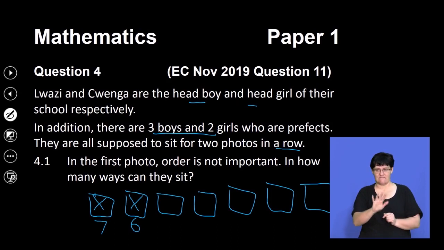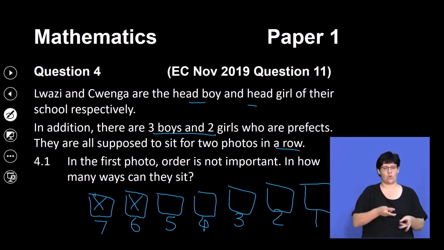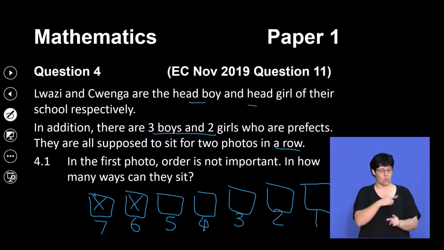Each seat will have a smaller number of ways to be filled. Once they've already got a student in a seat, we go lower and lower and lower, until we get to the last seat, and there's only one person left, so there's only one way in which that seat can be filled.